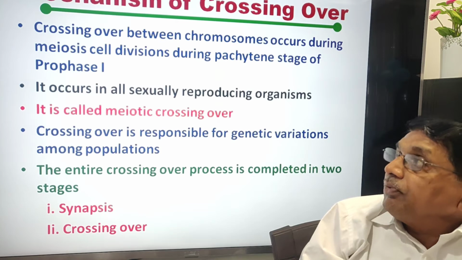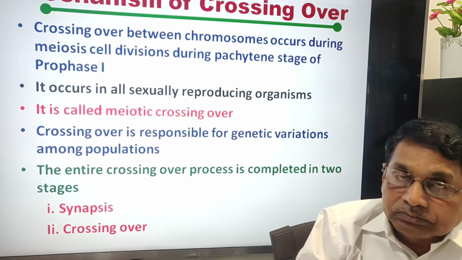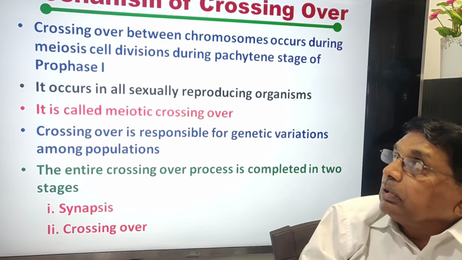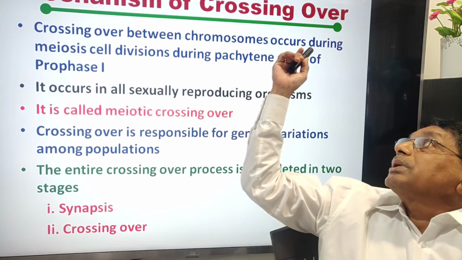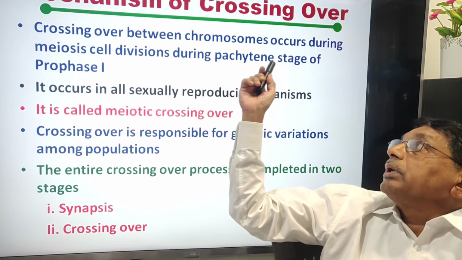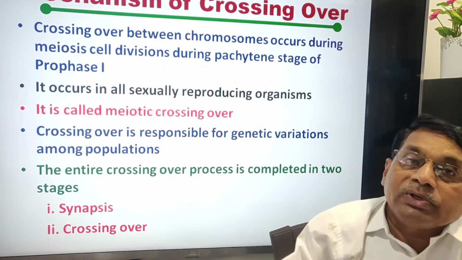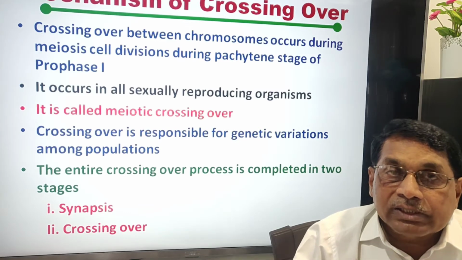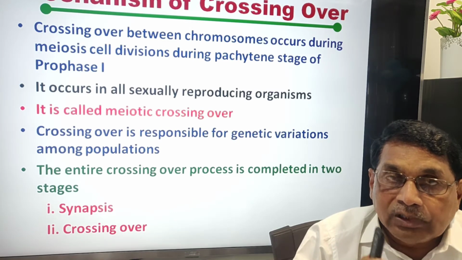Then mechanism of crossing over. How does the crossing over take place? It occurs between chromosomes during meiosis cell divisions, during pachytene stage of prophase 1. Where does this crossing over take place? In meiosis.